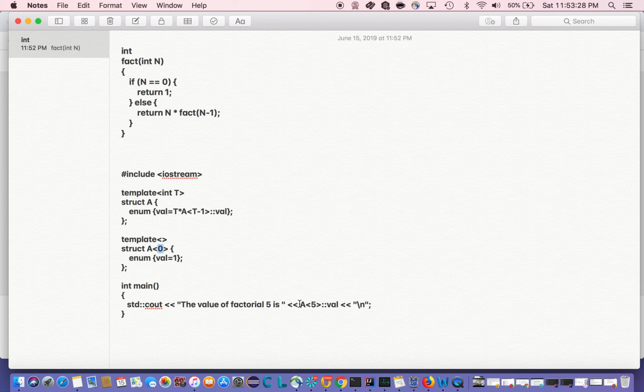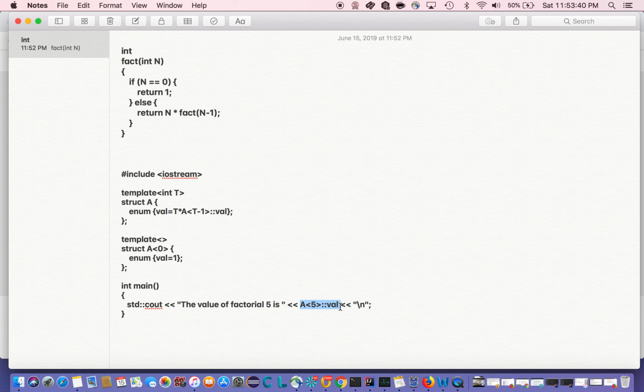The important thing in C++ is that statics and enums are evaluated at compile time. So when this statement is to be evaluated by the compiler, it has to do all the work at compile time itself to find the value.